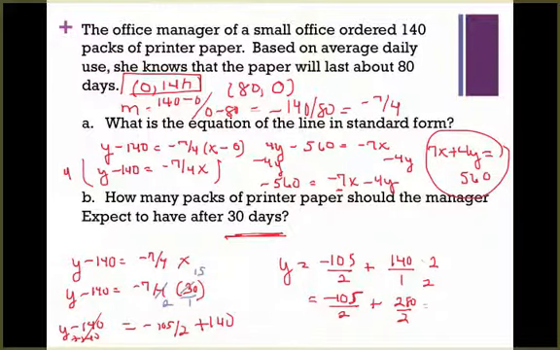But negative 105 and positive 280 is going to give me 175 over 2. And now if I divide that out, I'm going to get 87.5. So at the end of that time, after 30 days, she can expect to have 87.5 packages of paper.